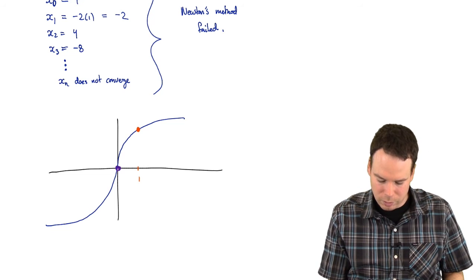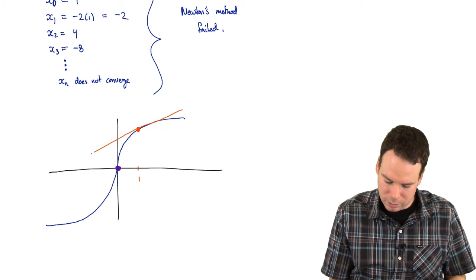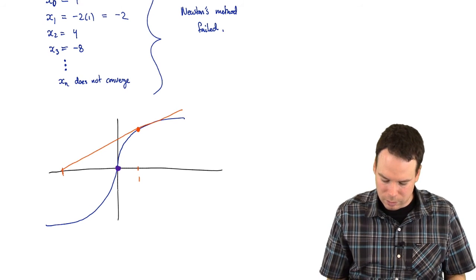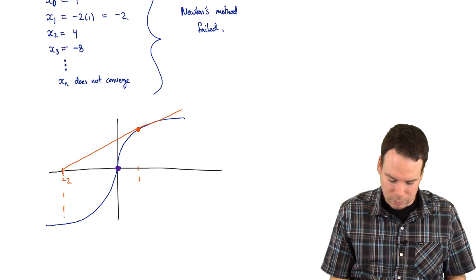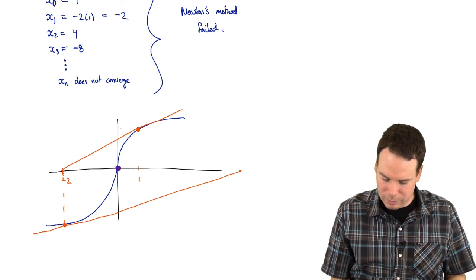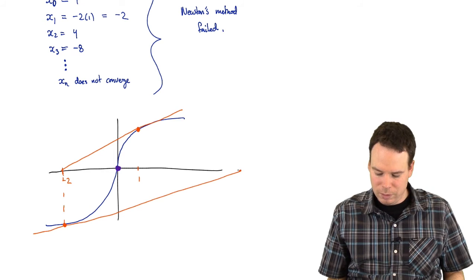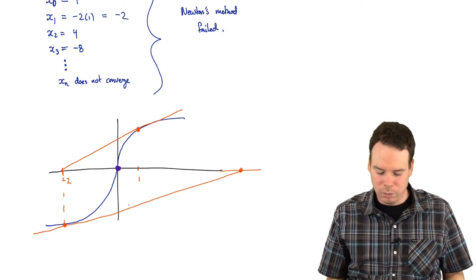And from our initial guess, we construct the tangent line. Gets us out here. And if that was 1, then as we saw, this is going to be -2. And then we come down here, take its tangent line, and then go up and take its tangent line. And every time we do this, we keep getting values that are farther and farther away from our actual root.